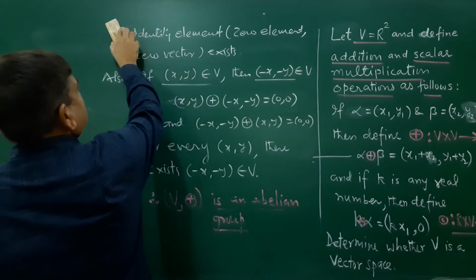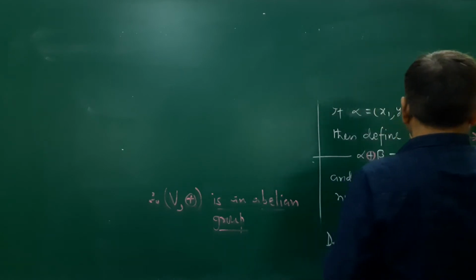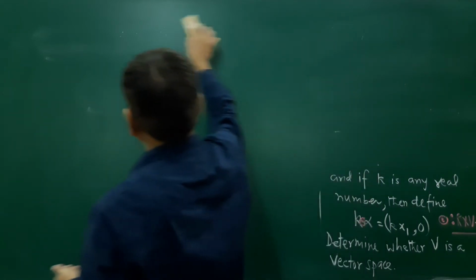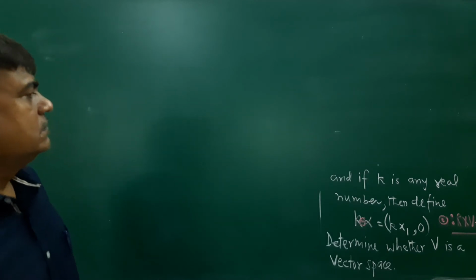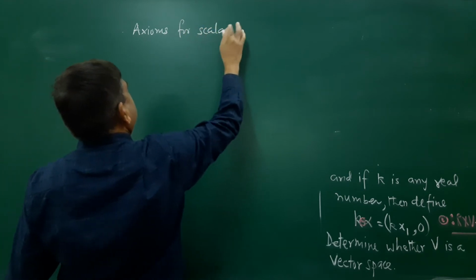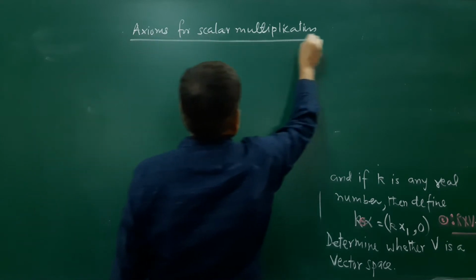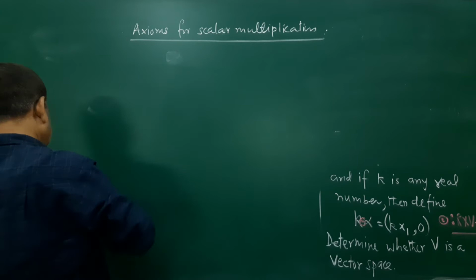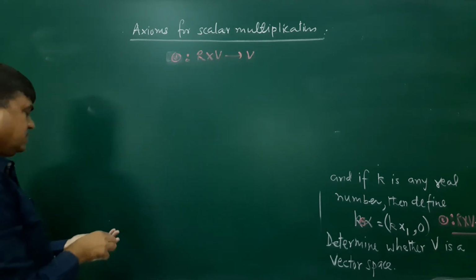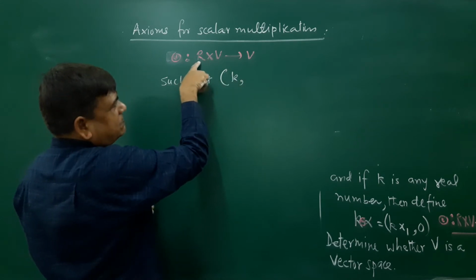Now we come to the next one. Scalar. Such that k, an element of this, is a scalar.